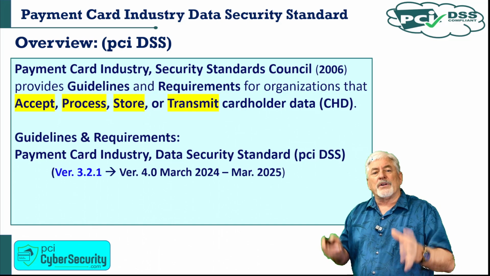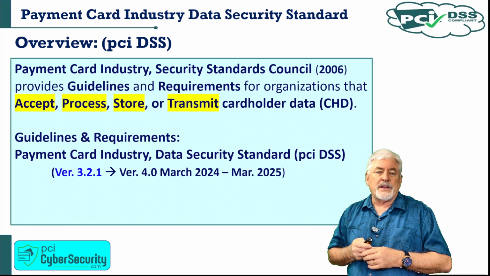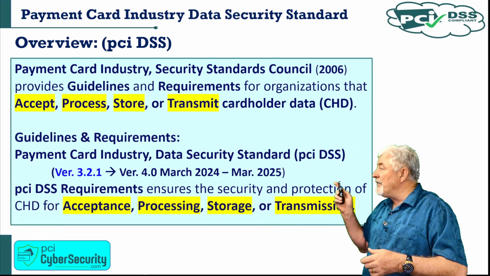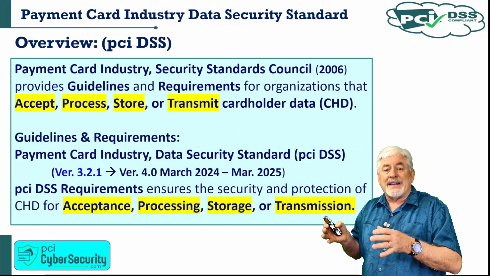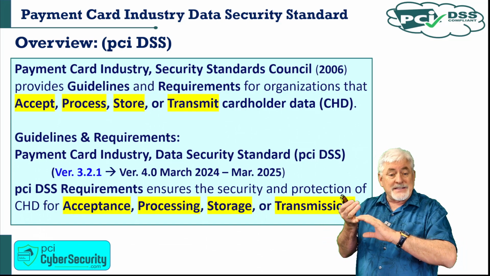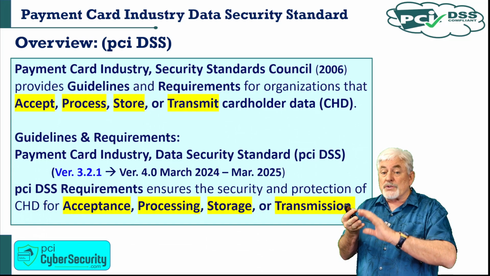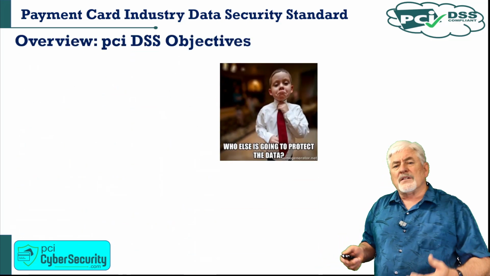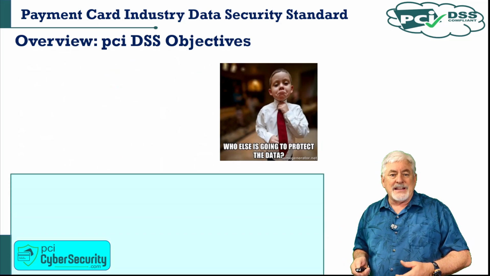But for today, we're going to go over the foundation that we're currently working on, which is version 3.2.1. So what does the PCI requirement cover? It ensures the security and protection of cardholder data for anybody that, as I said, accepts, processes, stores, or transmits cardholder data.